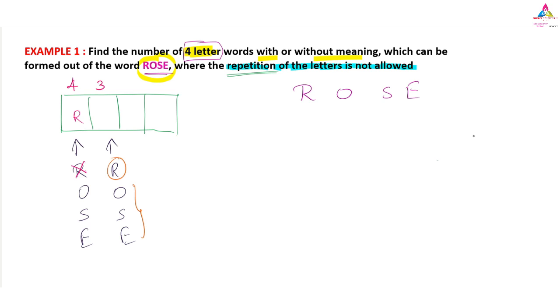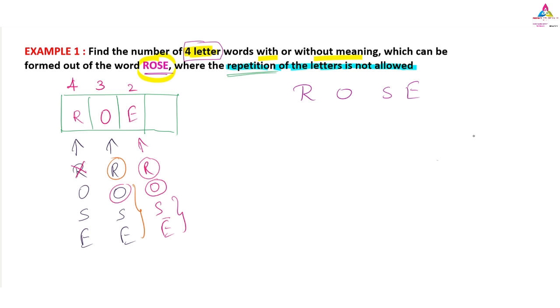I might have taken O here. Then again we have the 4 choices R, O, S, E, but I can't write R once again because it is already taken, and I can't write O once again because O is already written in the second place. So only 2 possibilities here. I might write S, or E. Say I write E here.